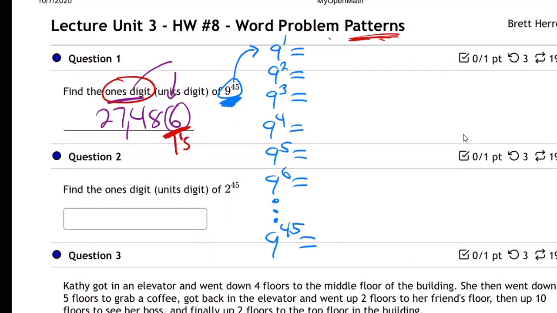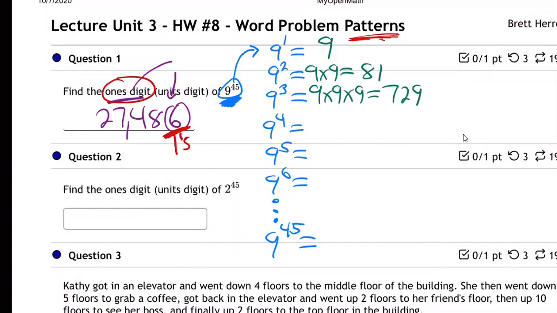So 9 to the 1, that's just 9, isn't it? 9 to the 1 power just means 9. 9 to the 2 power, that means 9 times 9, which is 81. Nine to the third power is 9 times 9 times 9, which is 729.